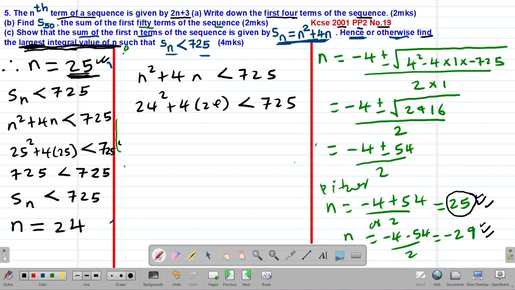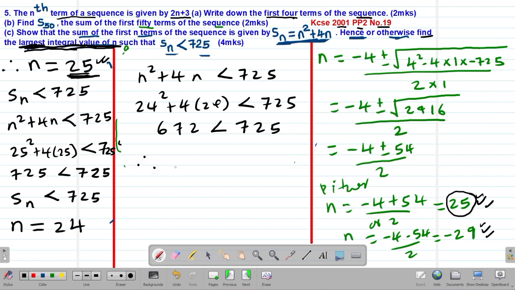So if we take 24 squared, then we add 4 multiplied by 24, we are going to get the answer as 672. 24 squared plus 4 times 24, you'll get 672. So you see 672 is indeed, it is true. It is less than 725.